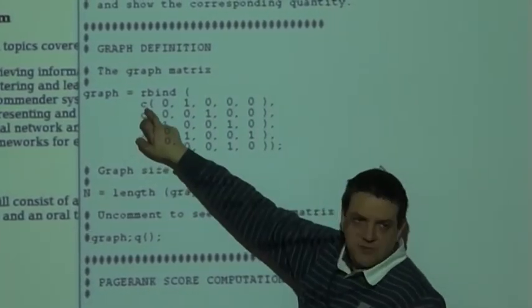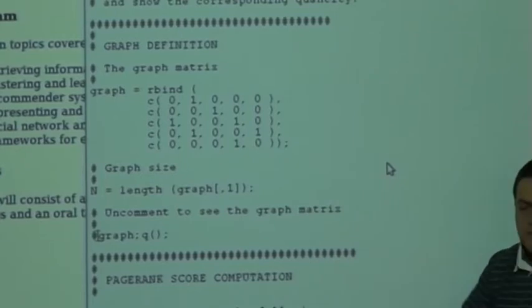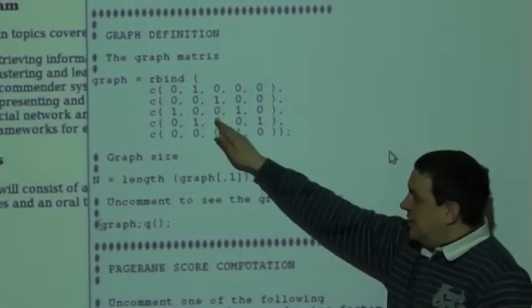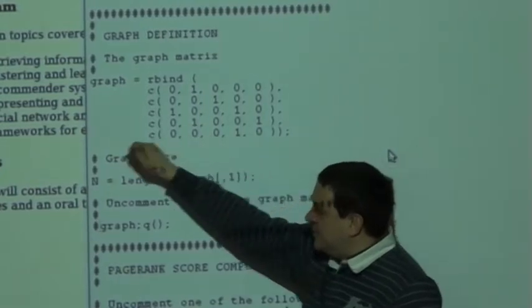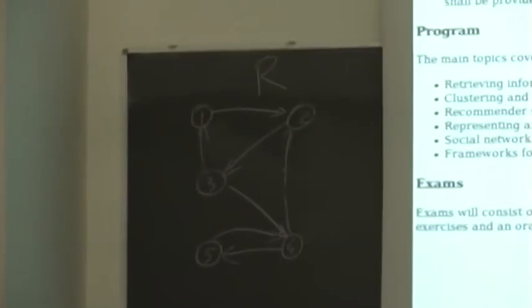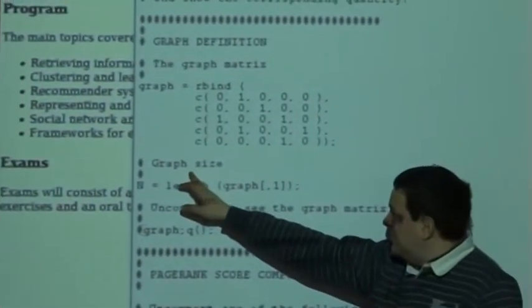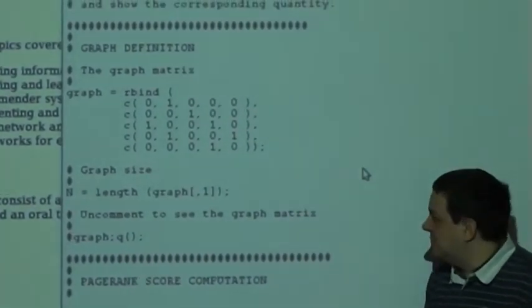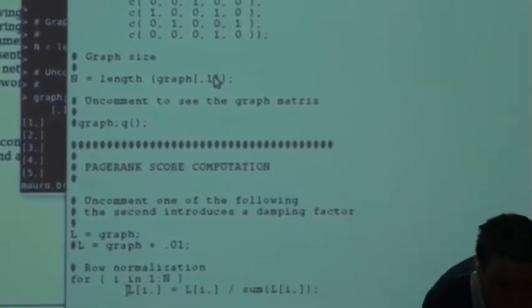The vector is introduced by c and enclosed in parentheses. So here I define a matrix called graph, a pure adjacency matrix where 1 represents the existence of a link. For example, I get the number of nodes in the graph as the length of one of its rows. We want to compute the PageRank score.